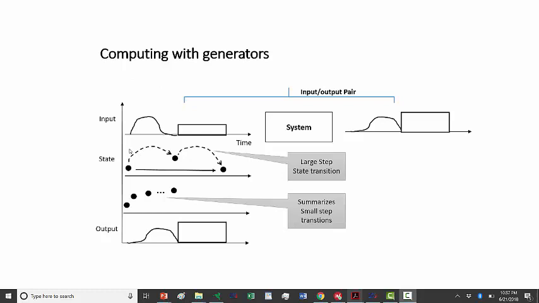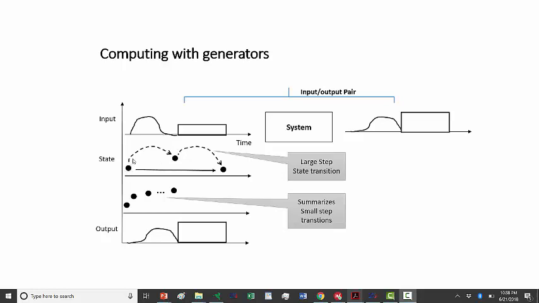So we have a composition or concatenation of generators entering a system, and we have the transition function of the system that computes the state of the system at the end of a generator, given the state at the beginning of a generator.